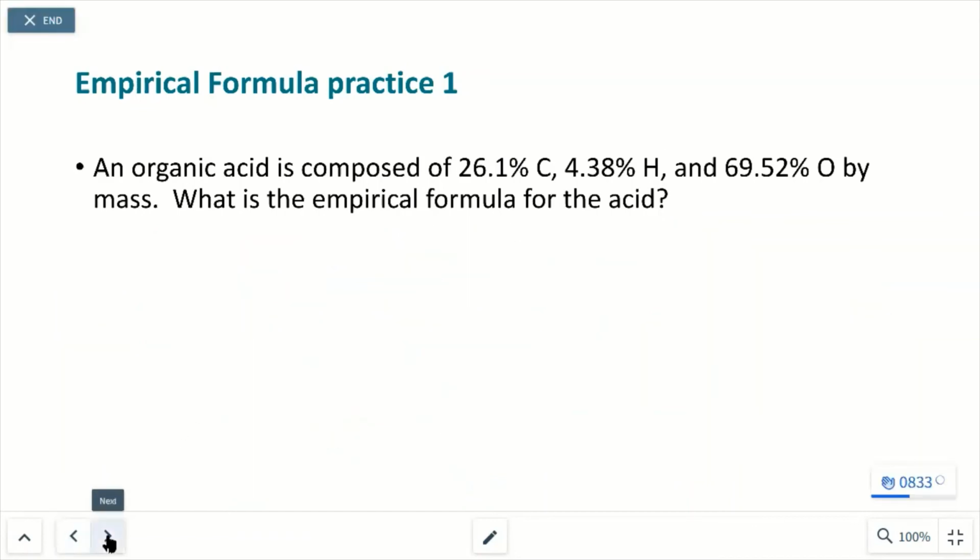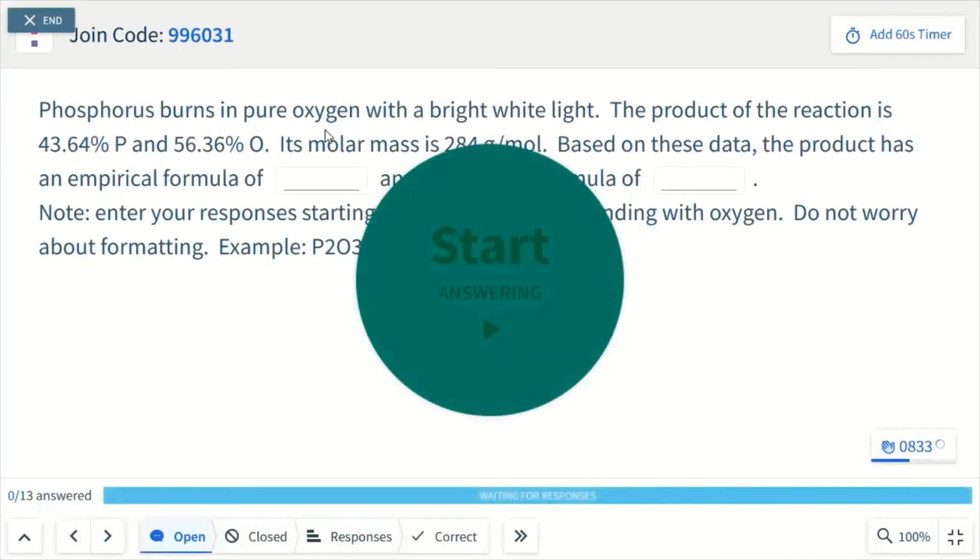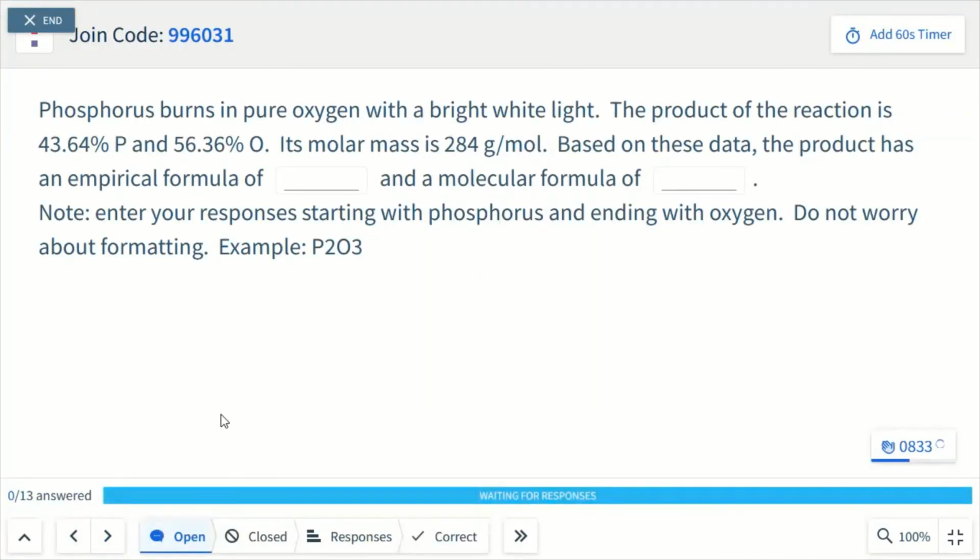All right, so our remaining time is going to be with this problem. There's a couple of dimensions to it. We are told that phosphorus burns in pure oxygen with a bright white light. The product of the reaction is 43.64% phosphorus, 56.36% oxygen, and has a molar mass of 284.